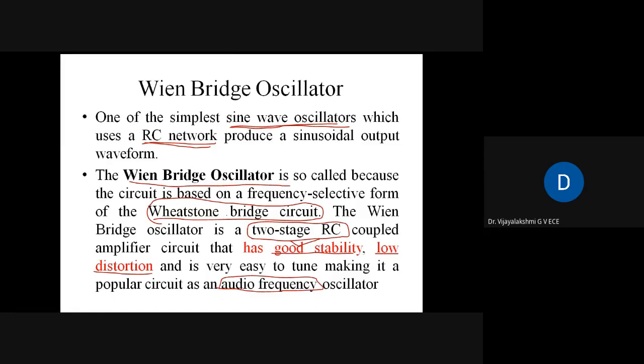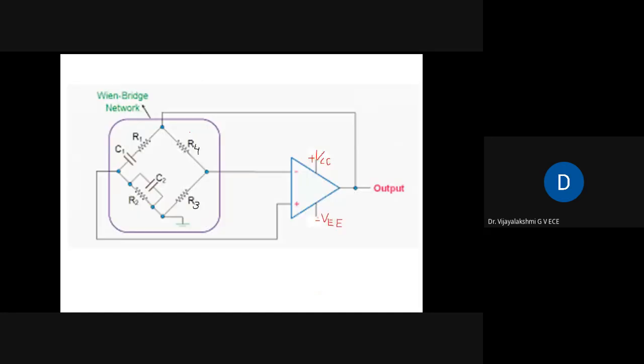So let us see the circuit of the Wien-Bridge oscillator. You know what the different modules of an oscillator are: it should have an amplifier and a feedback network. You can observe here, this is the amplifier using an op-amp, and this is the bridge, the Wien-Bridge.